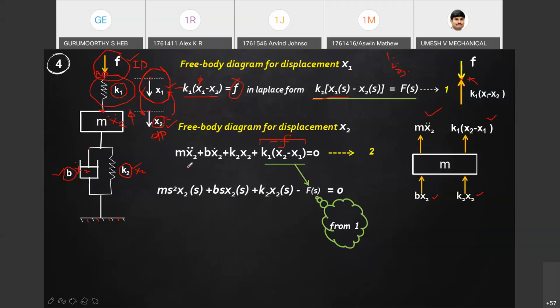So Laplace of s, writing my equation, so this is only one equation.